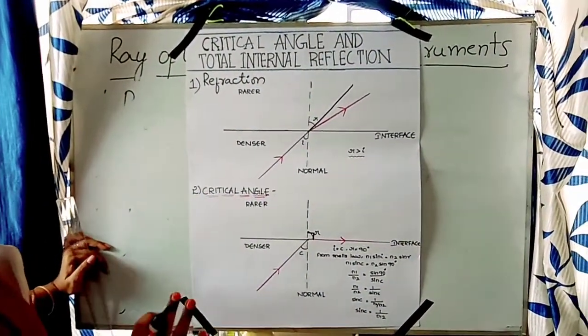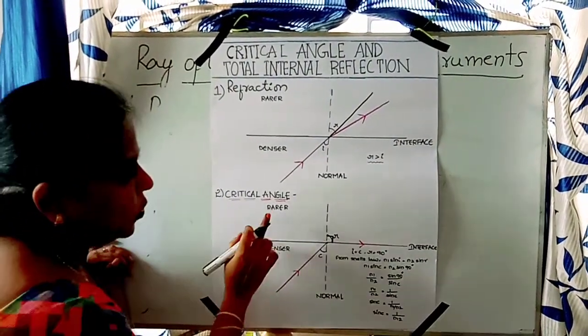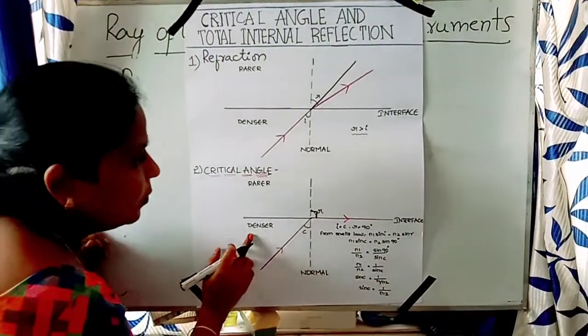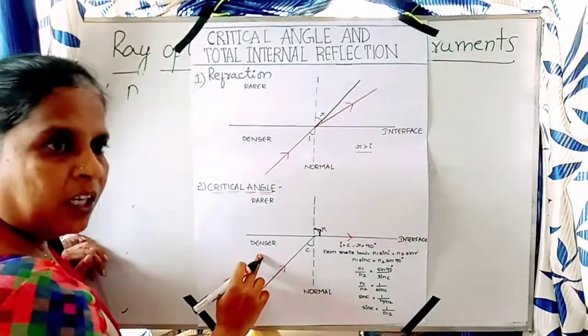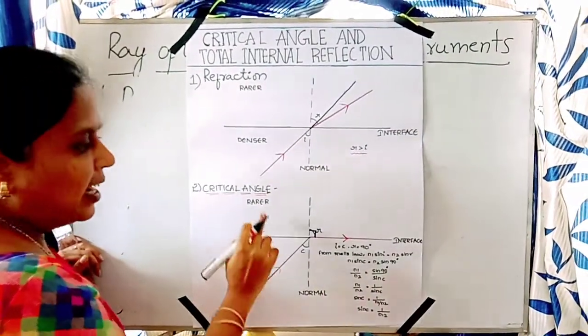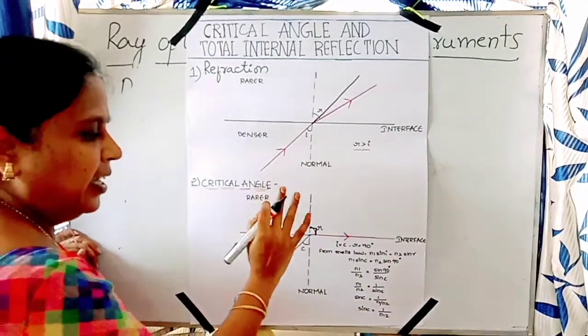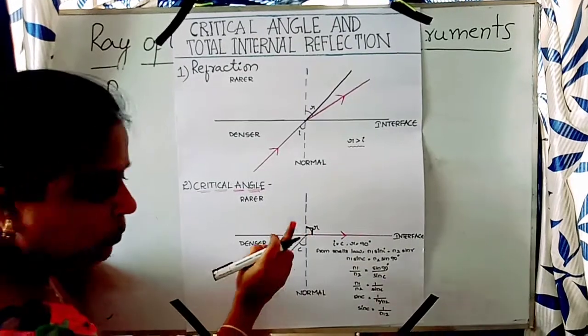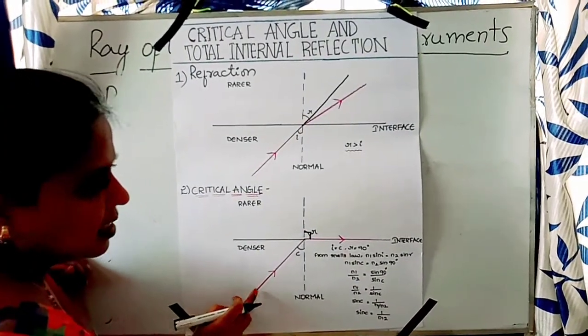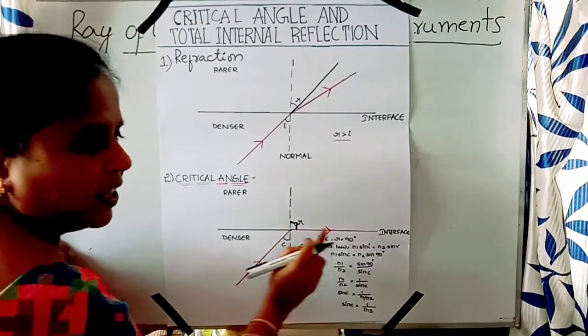Critical angle. Here also we take two mediums, denser medium and rarer medium. Denser medium may be water or glass, and rarer medium may be air. Here also this is one light ray. The light ray is incident on the interface.